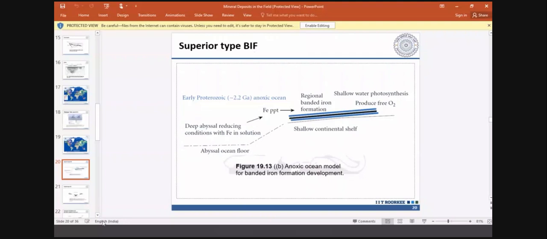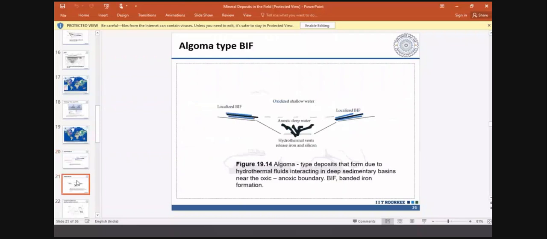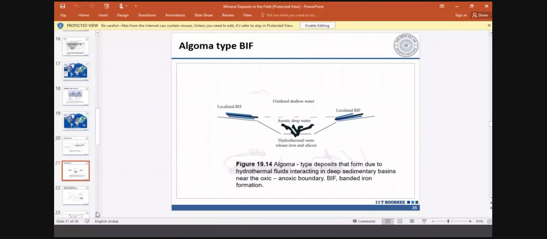So this type of studies are very useful to classify the deposits. Accordingly, you can explore. These Algoma type, mostly in Canada. In India also we do have, in Kolar, Hatti, certain parts of South India we have the Algoma. Slightly they are older type of deposits. Once again, a sedimentary, chemical sediment.